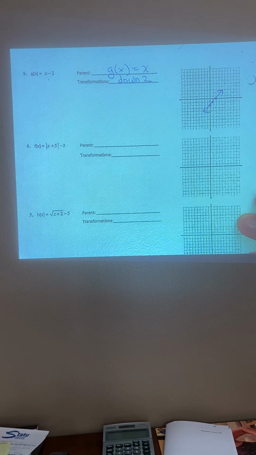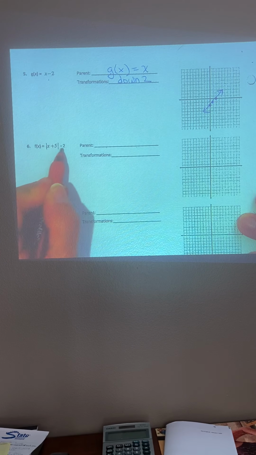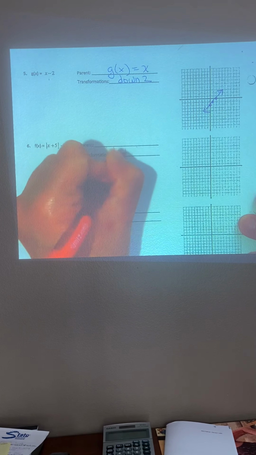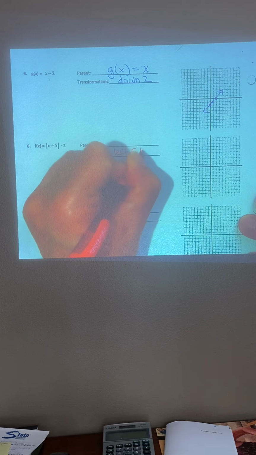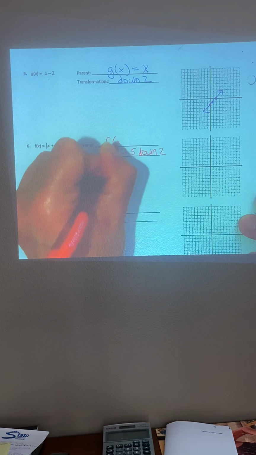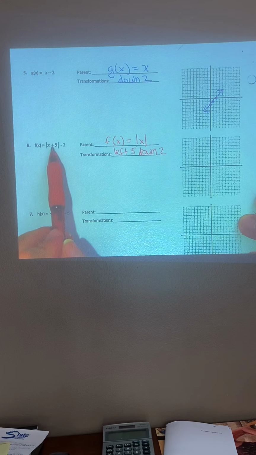Next, absolute value. Okay, how do we go? This is left 5 and down 2. The parent function is f of x equals absolute value of x. Left 5, down 2.